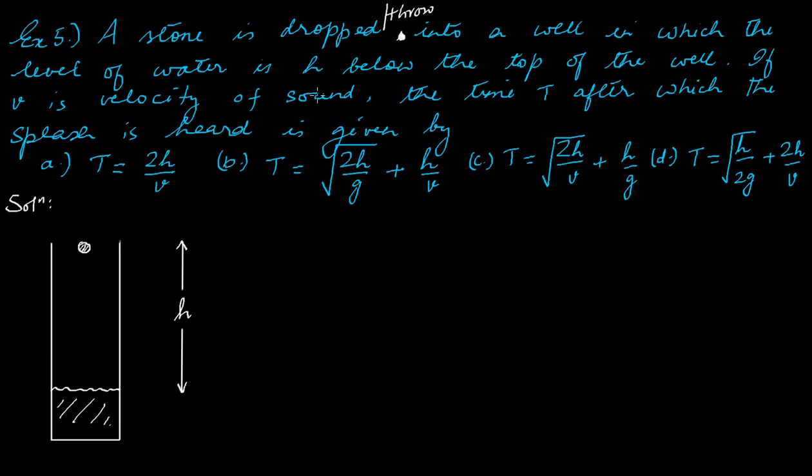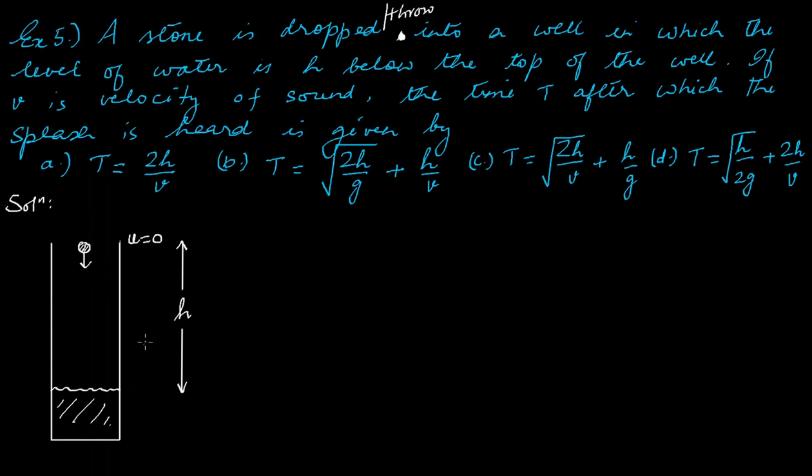So you're not moving your hand, you're not moving the stone, you just release it. Throw, that means you are providing some initial speed, initial velocity. So here, when we say that the stone is dropped, what do we mean? We mean that the initial velocity of the stone is 0. All right. So it will fall downward like this, traveling a height h.